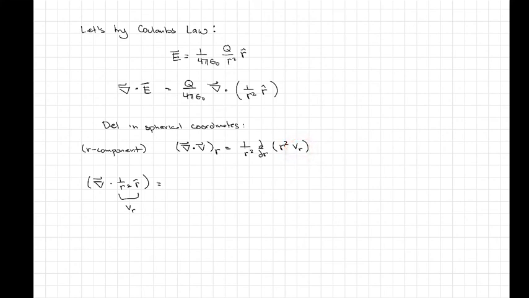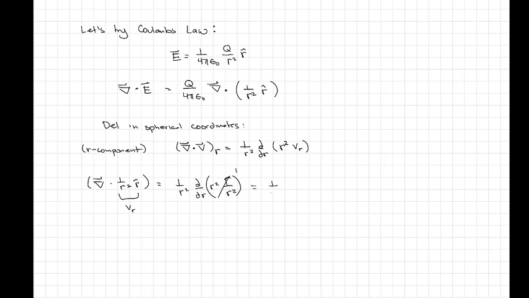And when I evaluate that, I get 1 over r squared times the partial derivative with respect to r of r squared times the V_r component of my function. So that is 1 over r squared. Obviously, when I do that, this thing is going to go to 1.